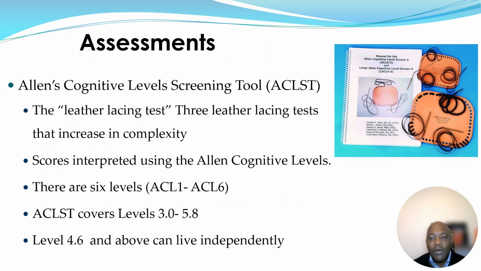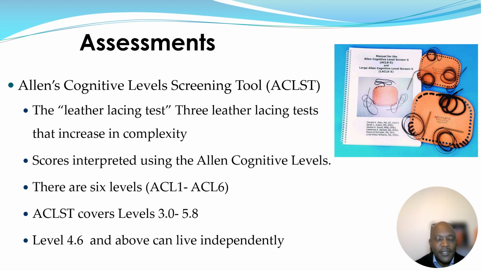Assessments that are used when using the cognitive disabilities frame of reference. The first one is the Allen's cognitive levels screening tool. This is a leather lacing test and it has 3 leather tests that increase in complexity. These scores are interpreted based on the Allen cognitive levels, which I will show in the next slide.